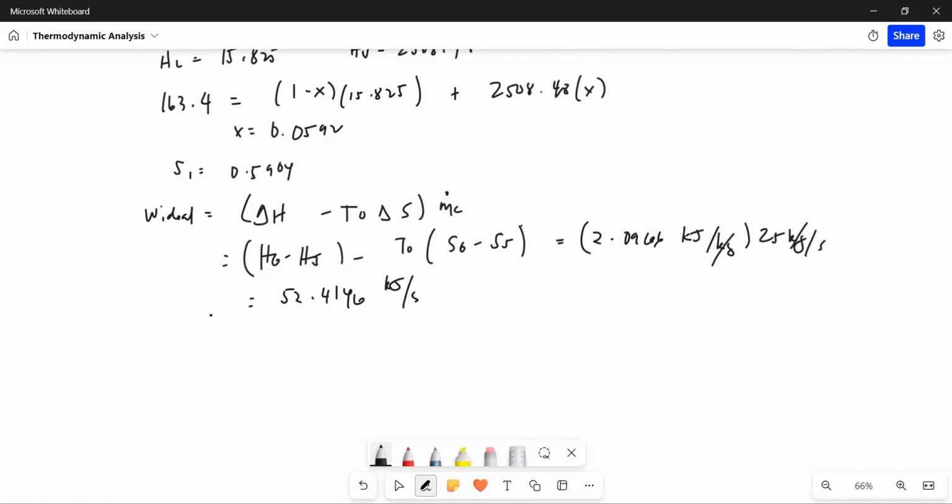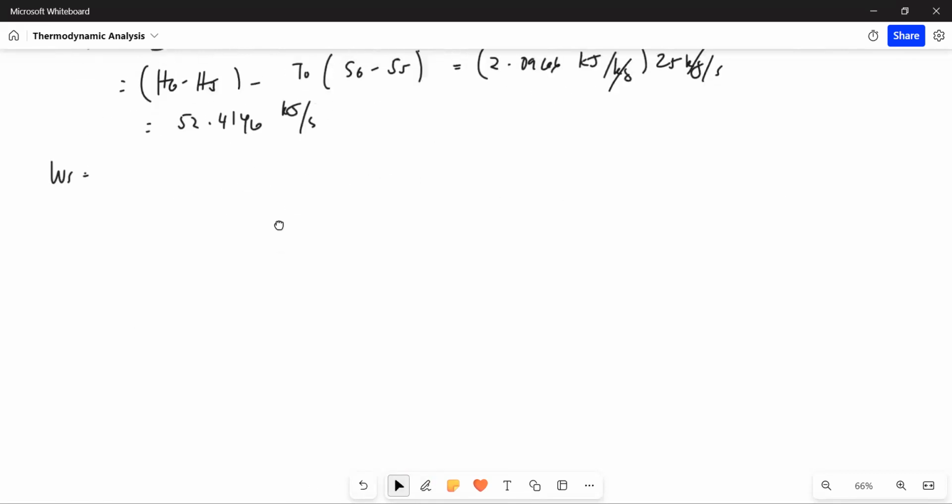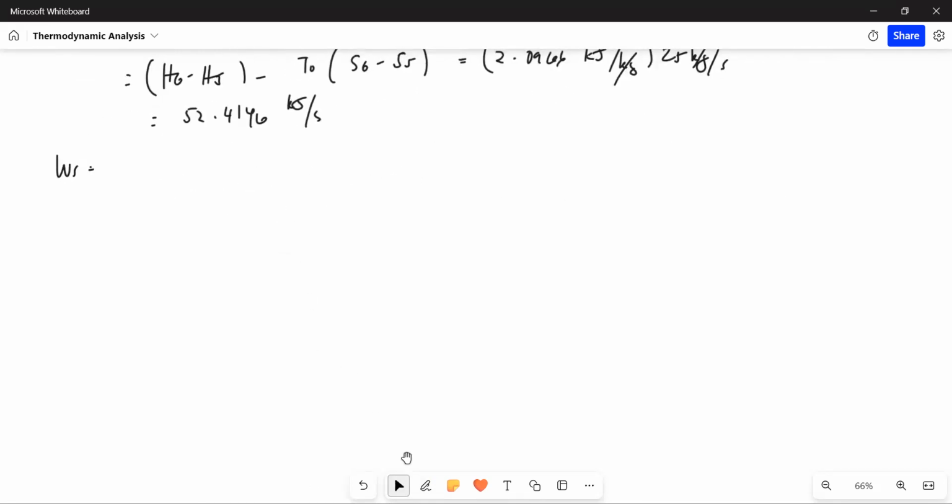We can now proceed with the calculation of actual work. This is just the work required by the compressor, H3 minus H2, since we don't have any other work producing or work requiring device. Plug in the values from the table, you will get 353.28.